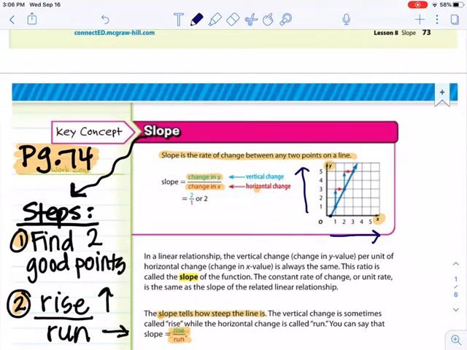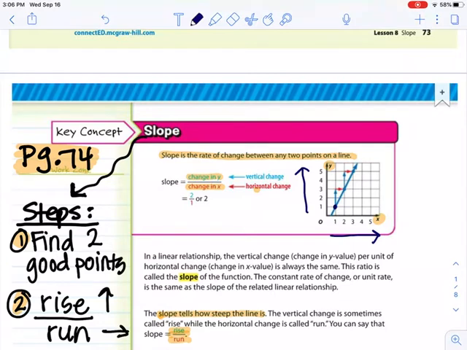For example, this point right here on the line that I just drew would not be a good point because we do not know how far over on the x-axis it really is. It could be 1.5, 1.4, 1.3. I'm sorry, that's not even 1. It could be half, like 0.5 or 0.4 or 0.6. We don't know what it is. So that is not a good point.